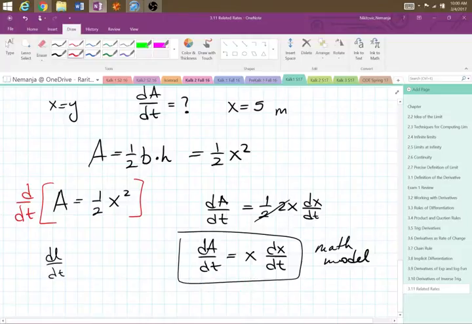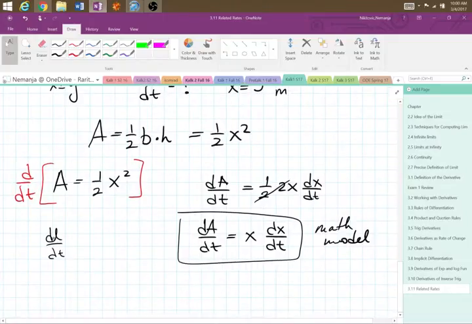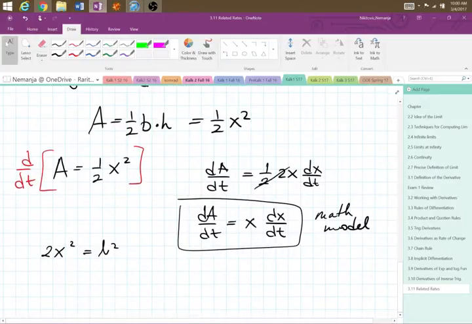So how do I figure out dx/dt? Nice. Pythagorean theorem. So we have that 2x squared is equal to L squared. From where L is equal to root 2 x.